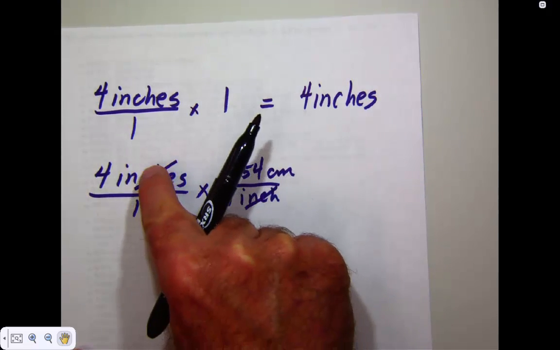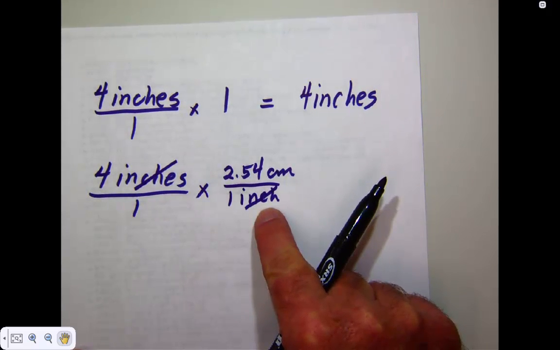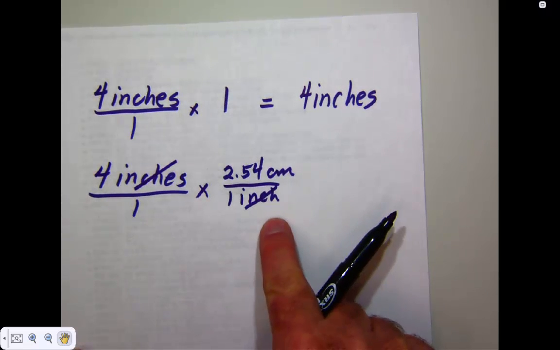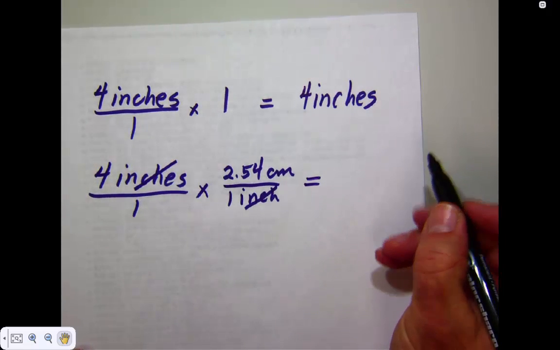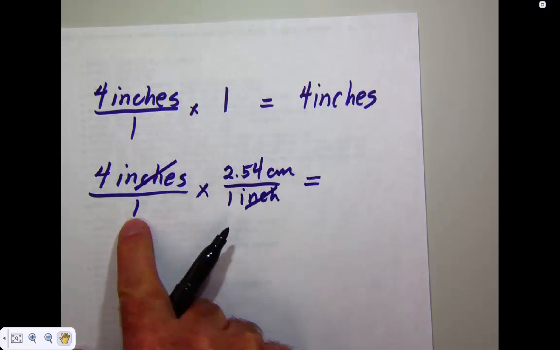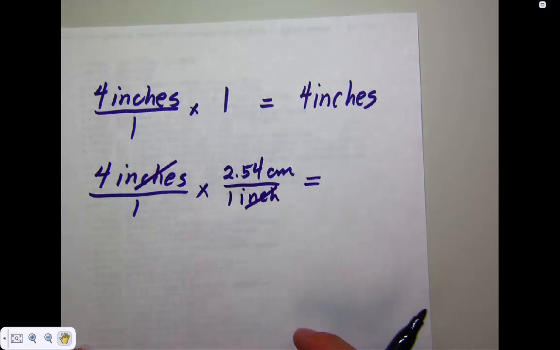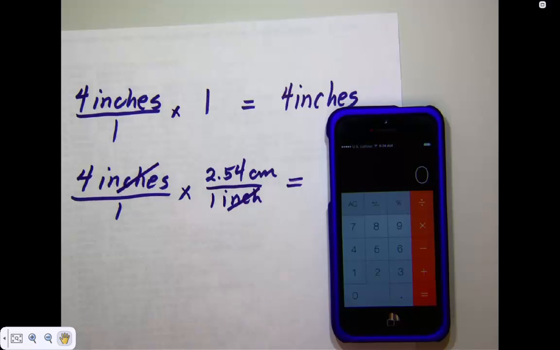Canceling out means it'll be on the top in our original fraction, but it'll be on the bottom in our conversion factor. When you multiply fractions together, you simply multiply top times top and bottom times bottom. So you're going to multiply 4 times 2.54 in order to get the answer that we want.